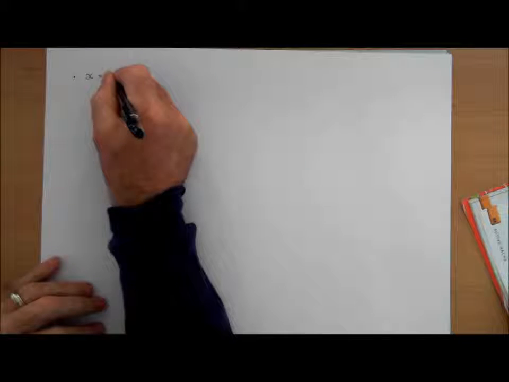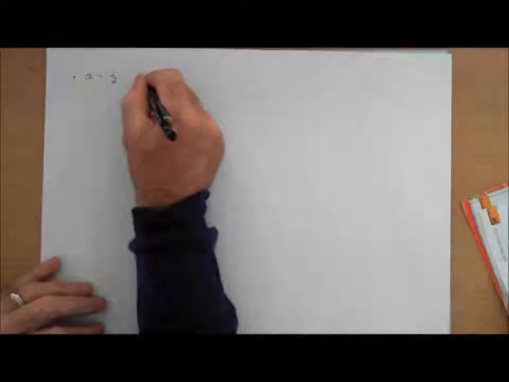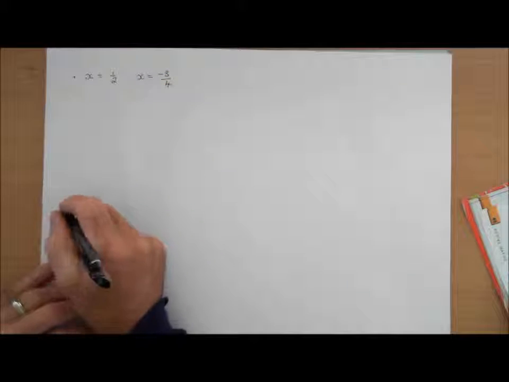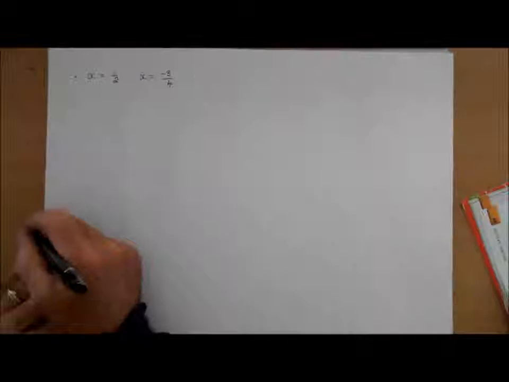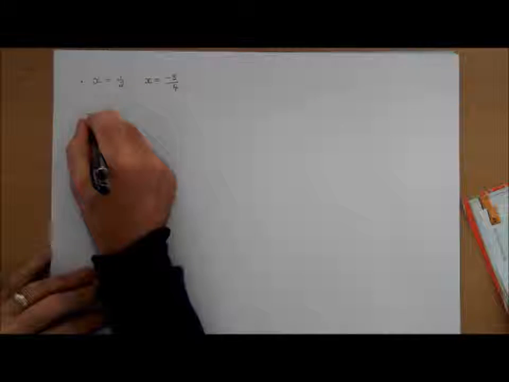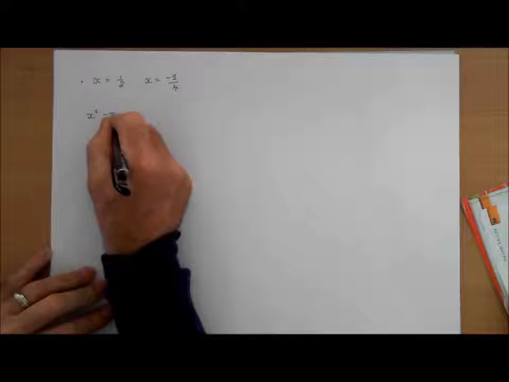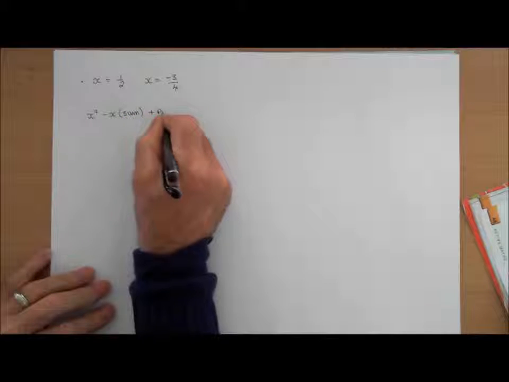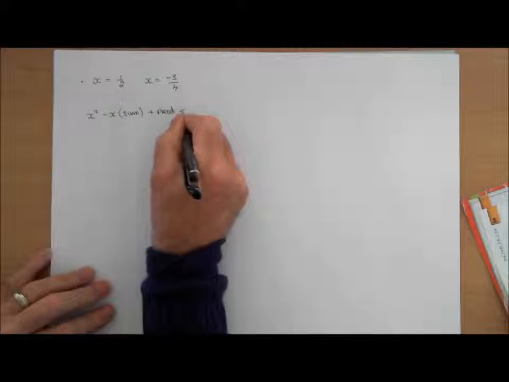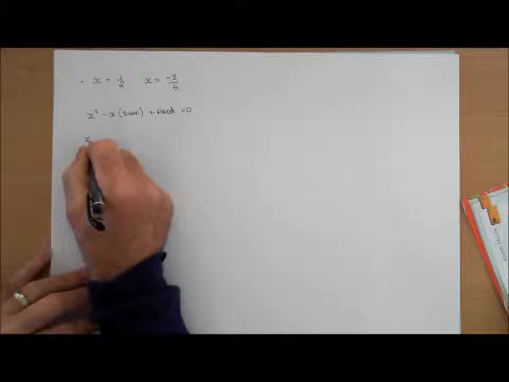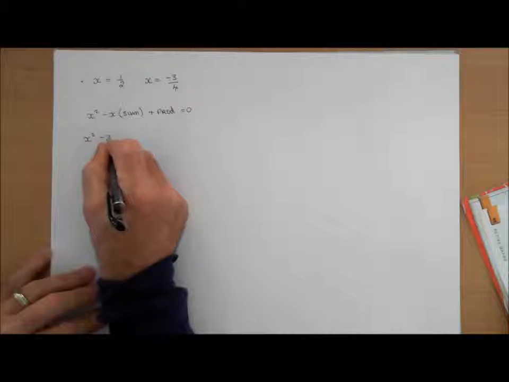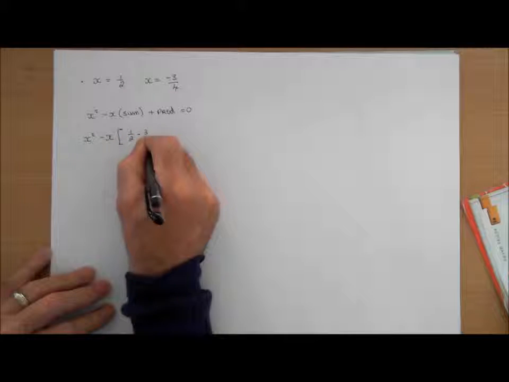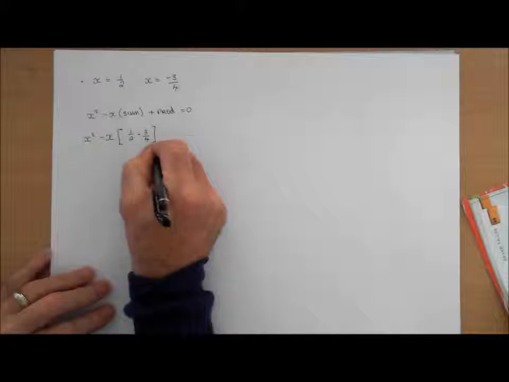If x was equal to 1/2 and x is equal to minus 3/4, if I want the equation that they came from, I would say it's x squared minus x times the sum of the roots plus the product of the roots equal to 0. What's the sum of those roots? 1/2 plus minus 3/4.